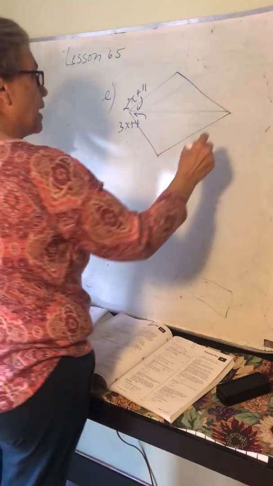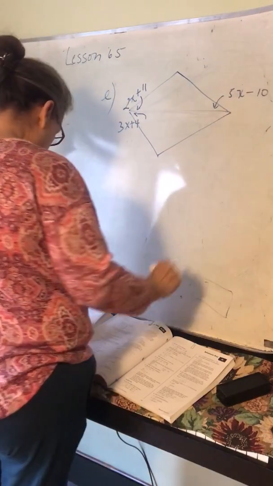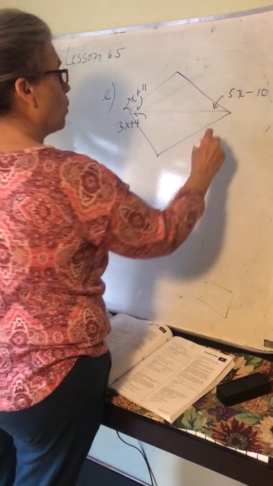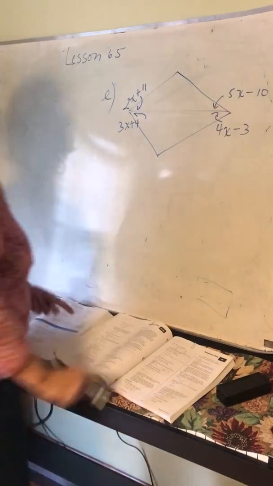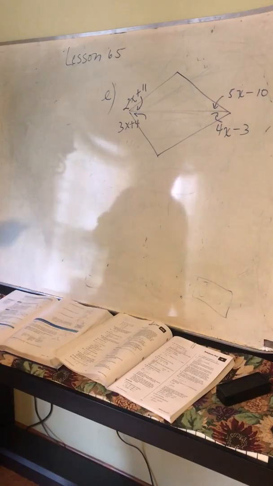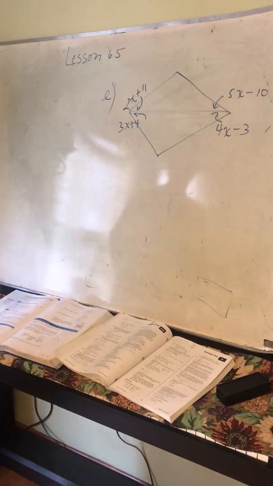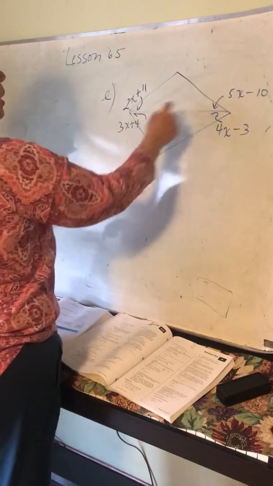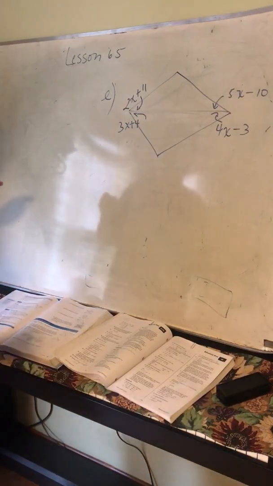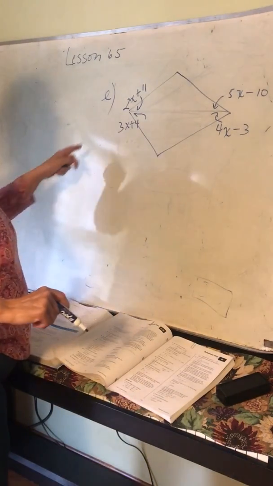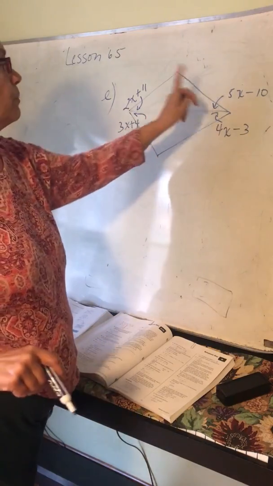Then over here we have 5x minus 10, and here we have 4x minus 3. Okay, so if this is a rhombus, this diagonal will bisect the angles. The whole angle will also be equal to the whole angle. Opposite angles are equal because of parallelogram rules, but also this line will bisect.